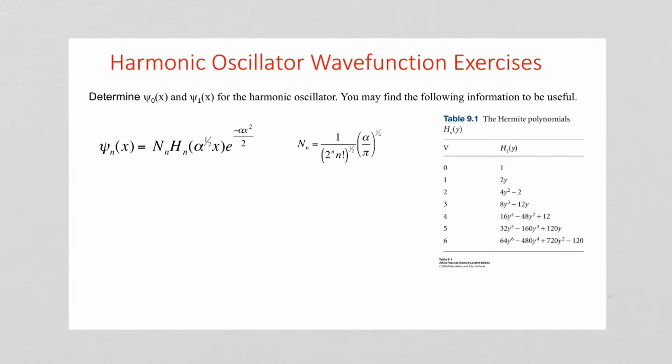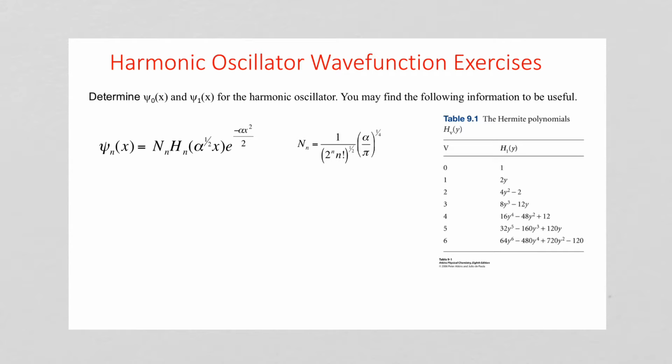Remember, that's a product of a normalization constant, which is given by the expression over here. Your Hermite polynomial, remember that's a function of alpha to the 1/2 x, not multiplying by alpha to the 1/2 x. Those are given over here in our table of Hermite polynomials. You should always be able to find a table of those online somewhere if you ever need access to it.